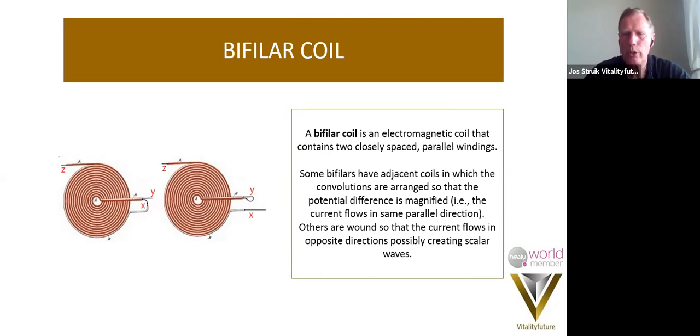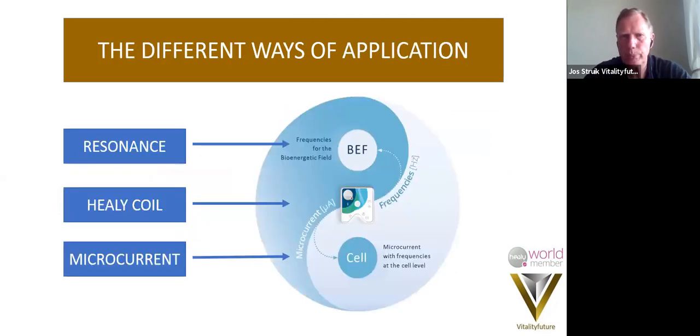Well, that's not the exact situation. How you have to interpret it is that we are now going to work on three levels. We have the physical level, the cellular level. That is when we work with microcurrents. We send the current using an exact frequency exactly to the cells where we need it.